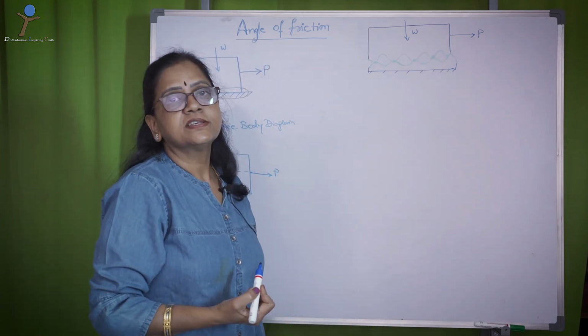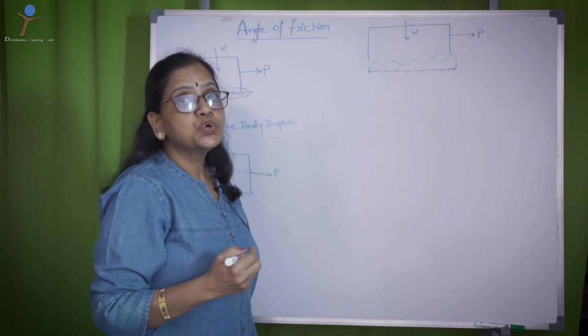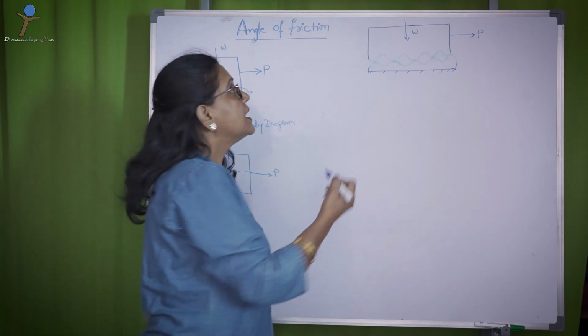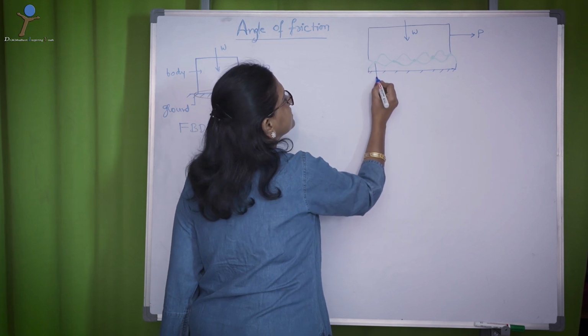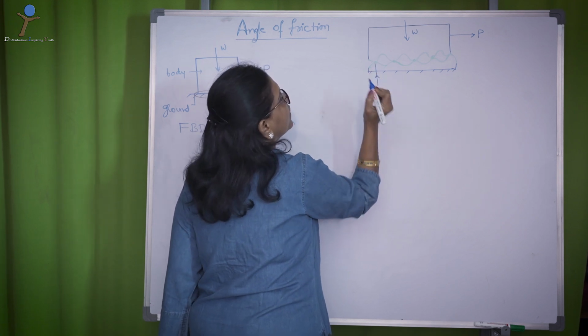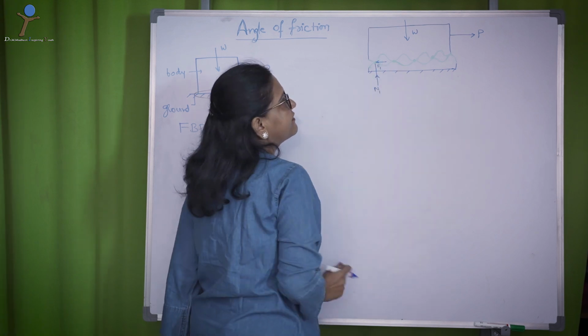The roughness will make us consider two components of forces at the contact. One is normal, let me say N1, and the other one is frictional F1.